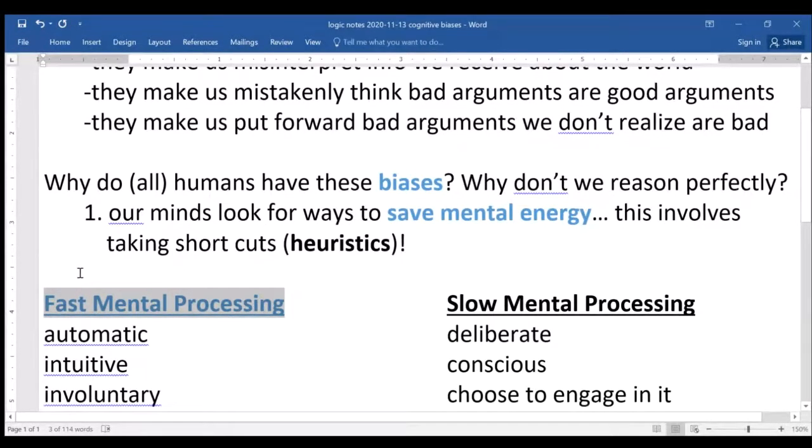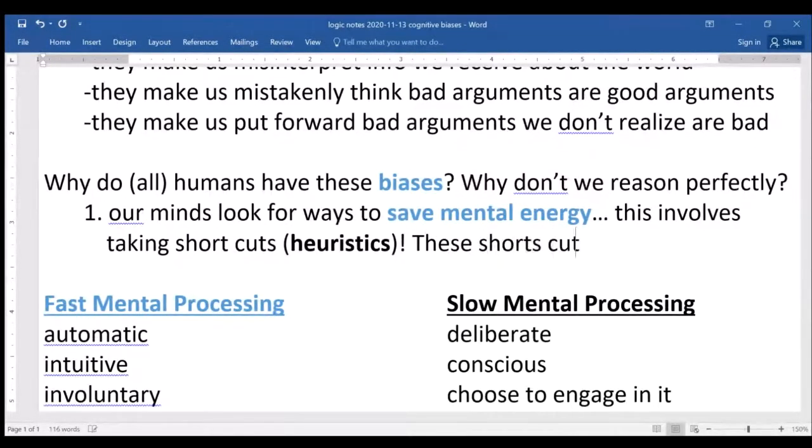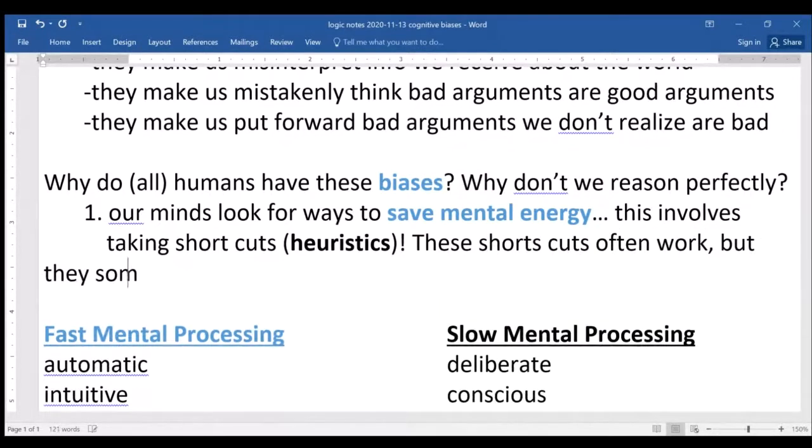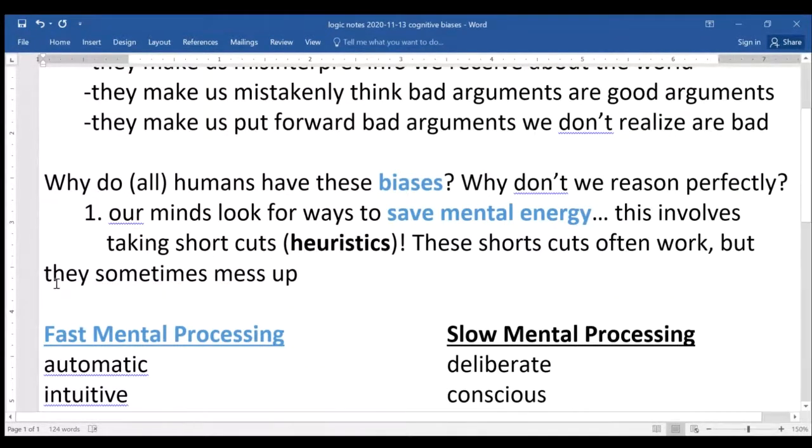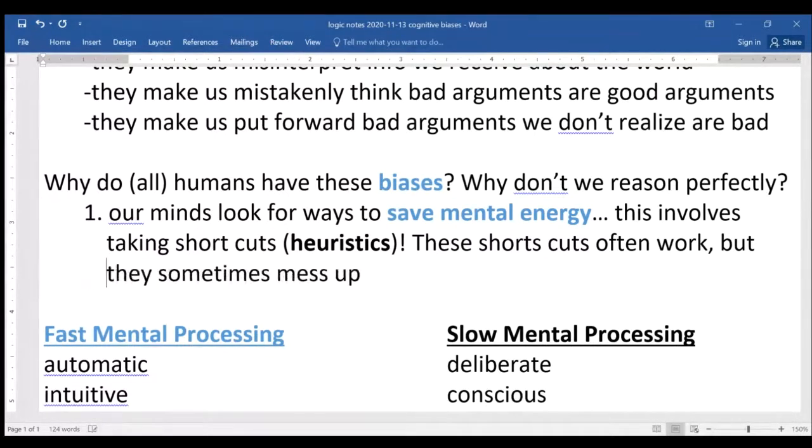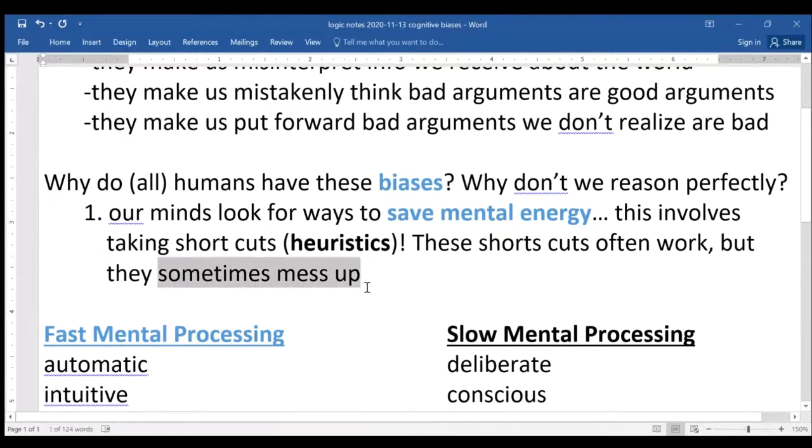And these work a lot, but they sometimes mess up. And when they mess up, it's when we're committing these biases. When they sometimes mess up, those are the examples of our biases.